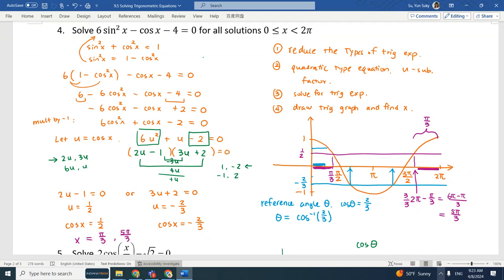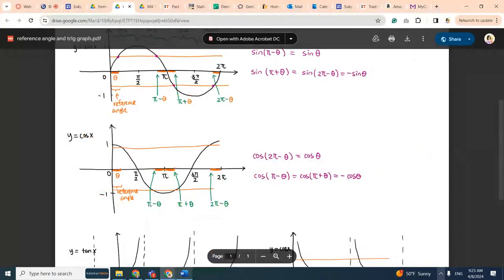After you find theta, this is theta. Then this point will be pi minus theta, and this point will be pi plus theta. Do you see that on the graph, everybody? Once you find theta, then you can find those 2 points.